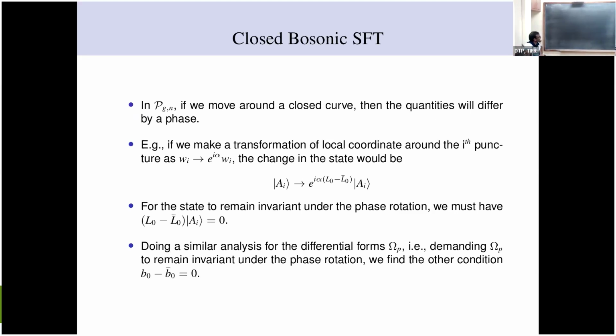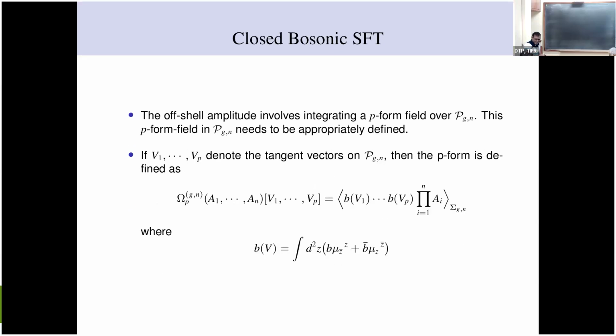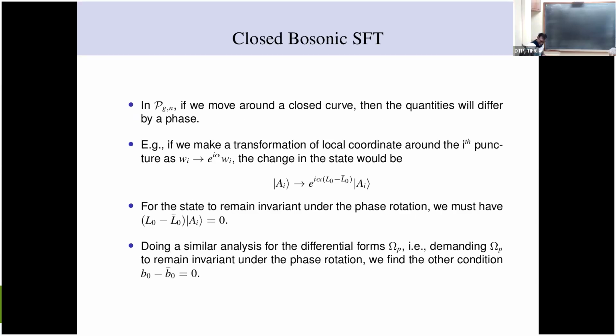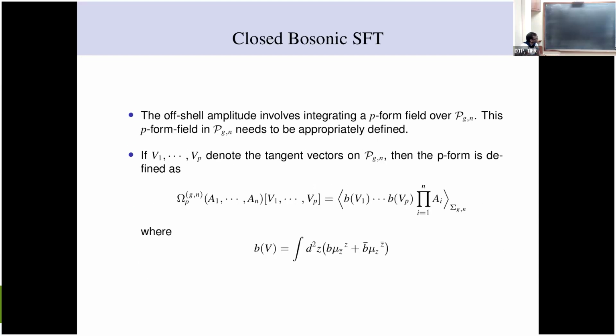Now some facts. In PGN, if we move around a closed curve, then the quantities will differ by a phase. For example, let's suppose we were on the sphere. Then in the normal on-shell case, three of the vertex operators are fixed, and the remaining ones are integrated over. Here we represent everything by the unintegrated vertex operator.